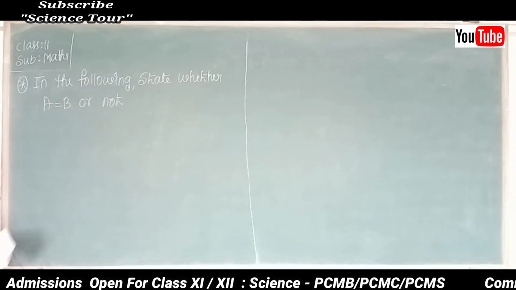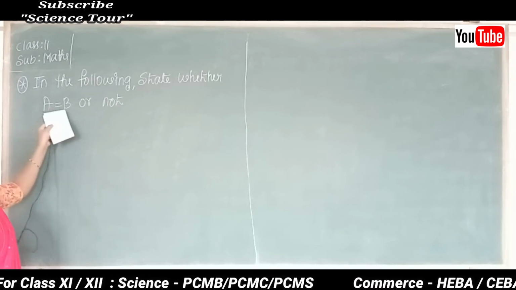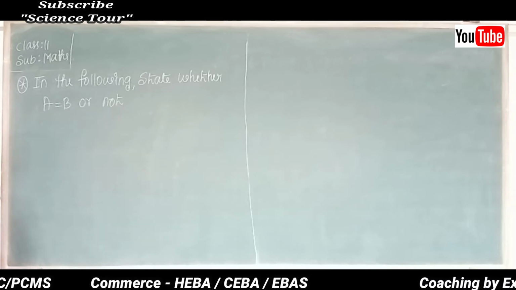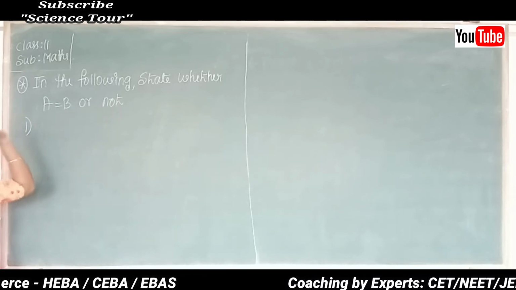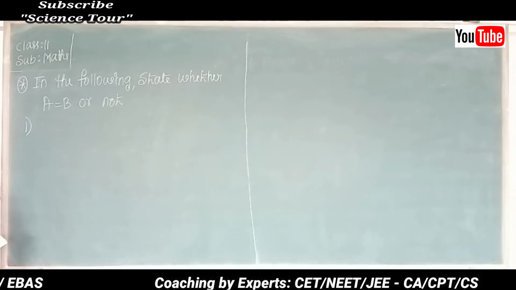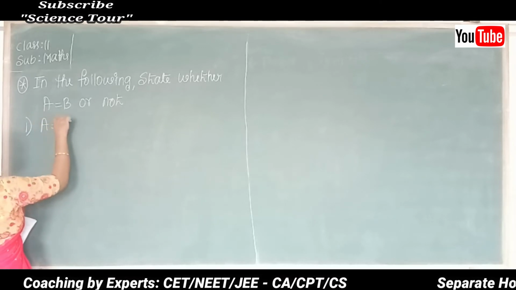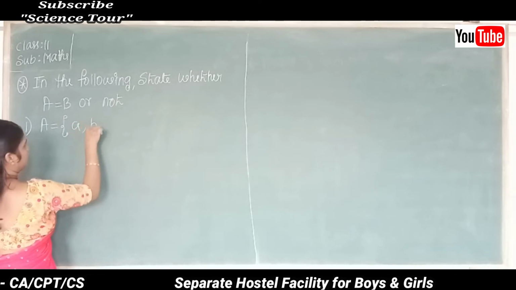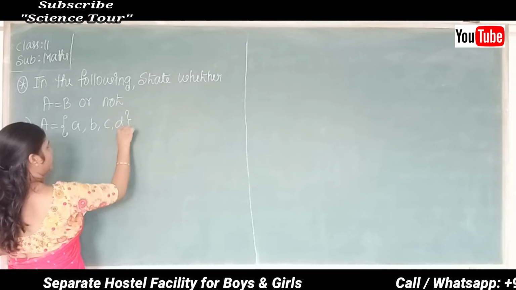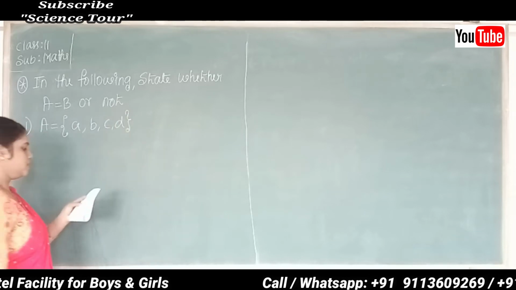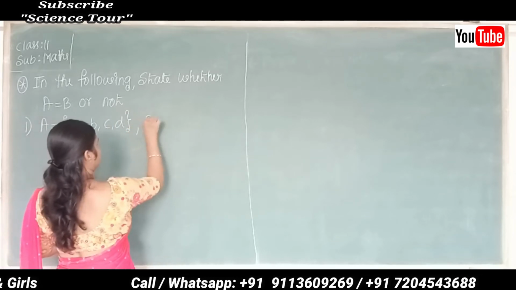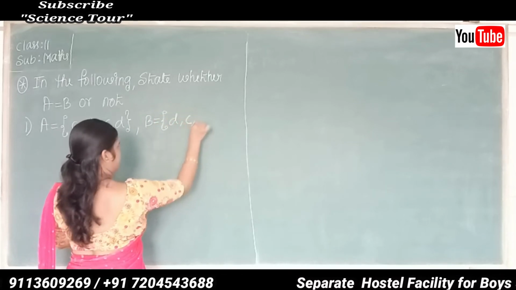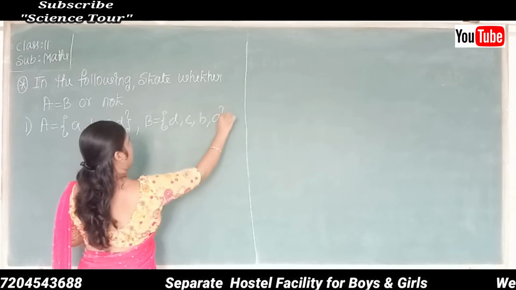You have to state in the following questions whether set A is equal to B or not. In the first question, I will consider set A = {a, b, c, d} and set B = {d, c, b, a}.